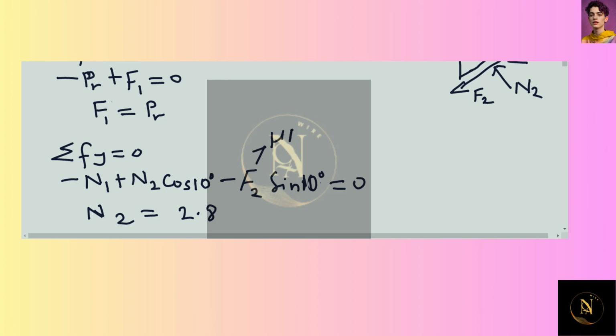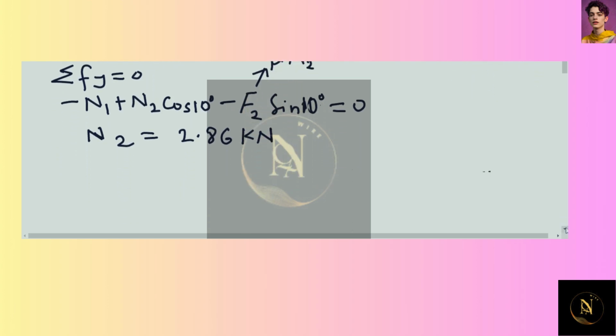So when you plug in all your values, you're going to have 2.86 kilonewton as your N2. You know N1 already from before.